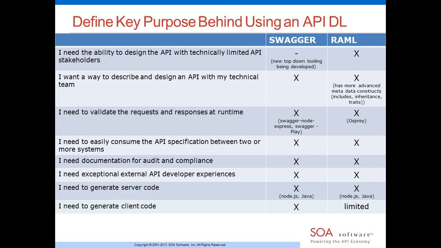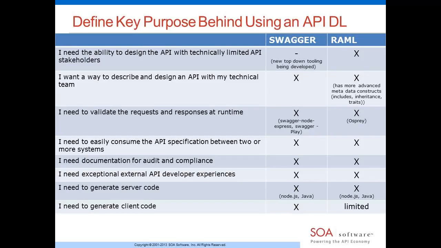RAML has a very young solution or module for this, and that's Osprey, but that's going to get there too. Remember, Swagger has about 2 years ahead of RAML, and its community has 2 years on top of RAML. But RAML is closing that gap very quickly, and enterprises, because of the 2 previous points I made, are adopting that, okay?